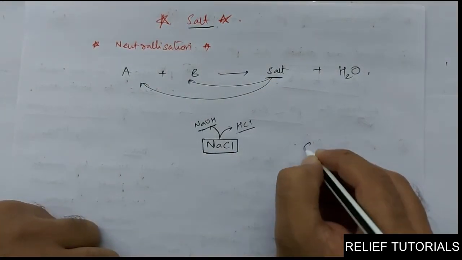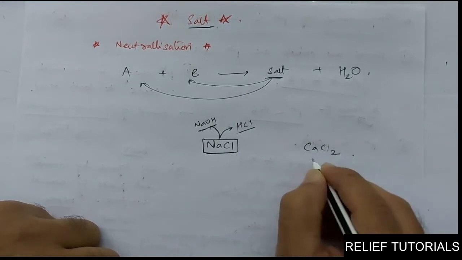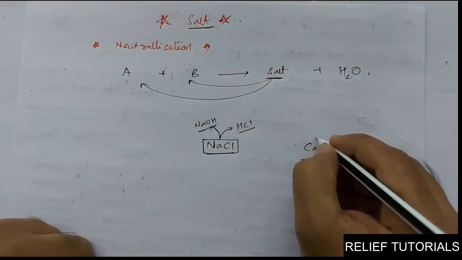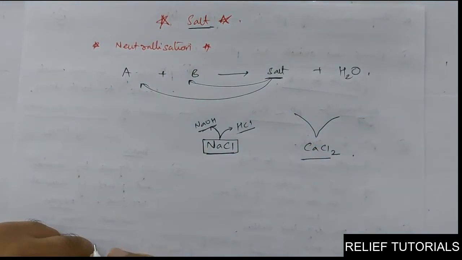If I say CaCl2 is one of the salts, first of all, how can you identify that it is a salt? Try to find out whether there is any H plus ion in this. No, so it is not an acid. Is there any OH minus ion present? No, so it is not a base. If you do not see any acidic or basic characteristics, all such substances are salts. Now we can find its parental acid and base.